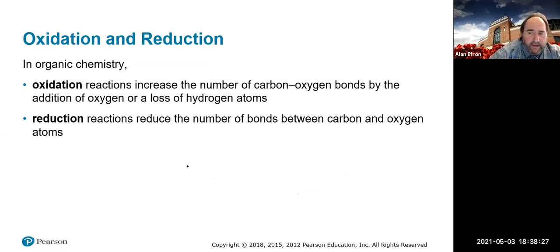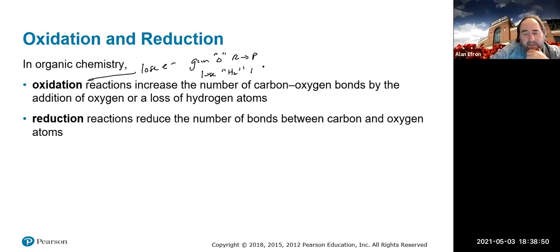We talked a lot about alcohols and really oxidation and reduction reactions, and just reminders, really 3 definitions of oxidation and reduction. One is it loses electrons. One is that it gains oxygen as you go from reactants to products, and one is that it loses H2 as you go from reactants to products.